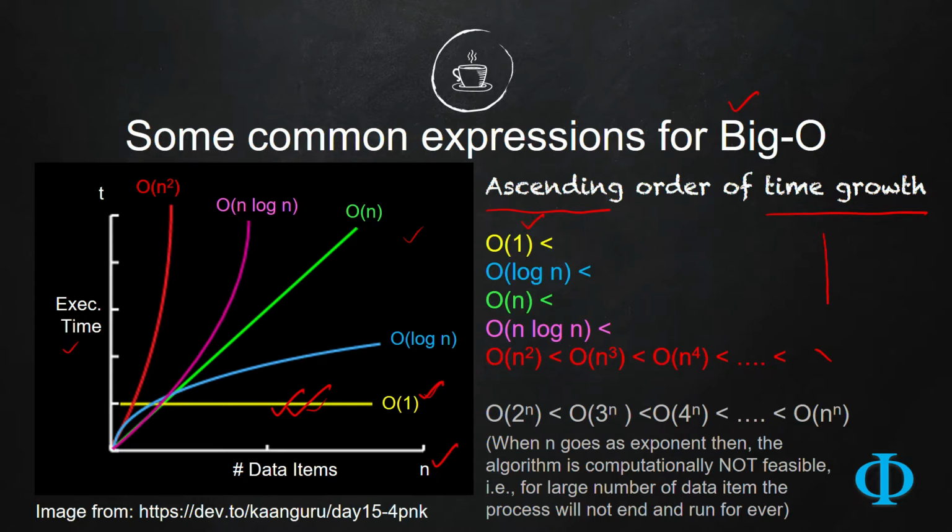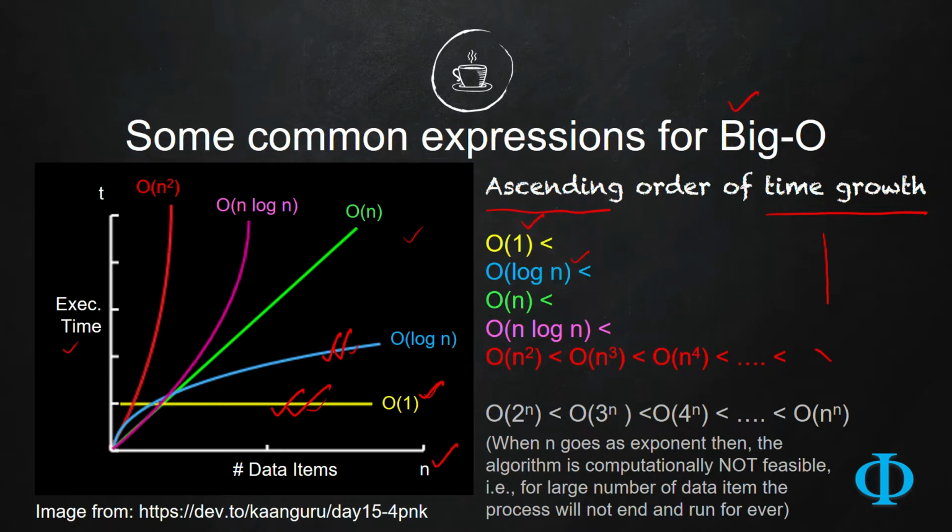The next thing is order of log n, which is depicted using this curve. So order of log n shows some growth with data items, but it is very slow growth. It means you can increase the data items from 1 to 10 to 100 to 1000 to 1 million, and the time will also grow, but the growth is very slow.